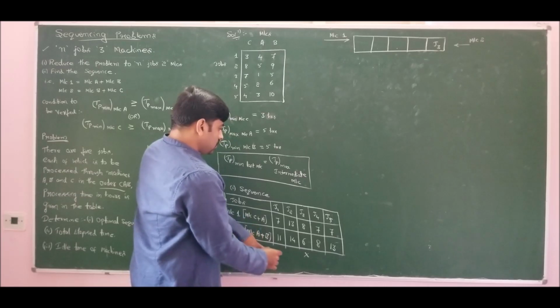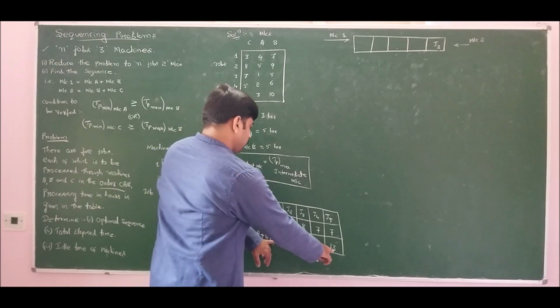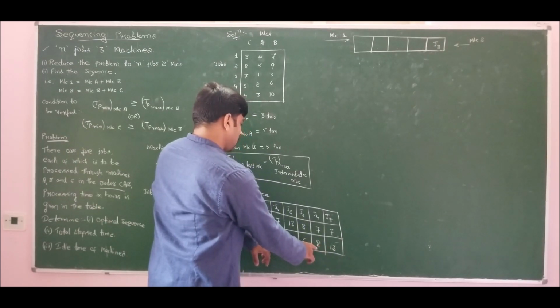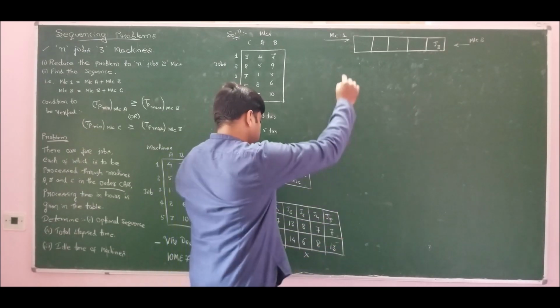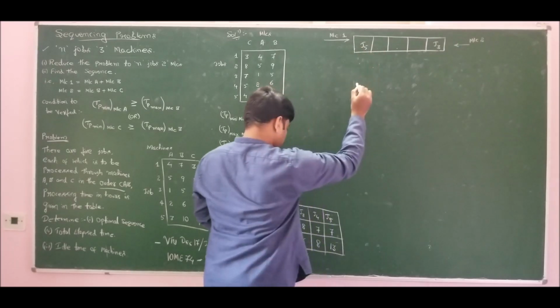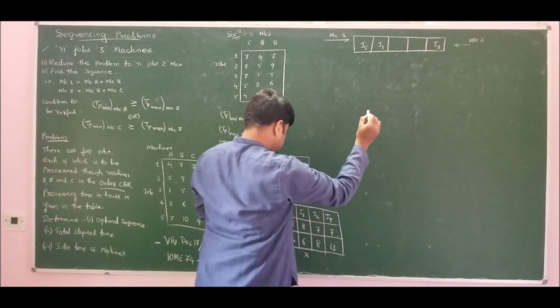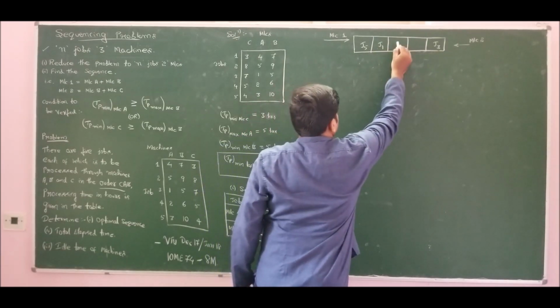So therefore, using the processing time of machine 2 from higher to lower, we have job 5 as 13, then comes job 1 as 11, and then comes job 4 as 8. So the sequence will be job 5 higher, next lower is job 1 and next lower is job 4.